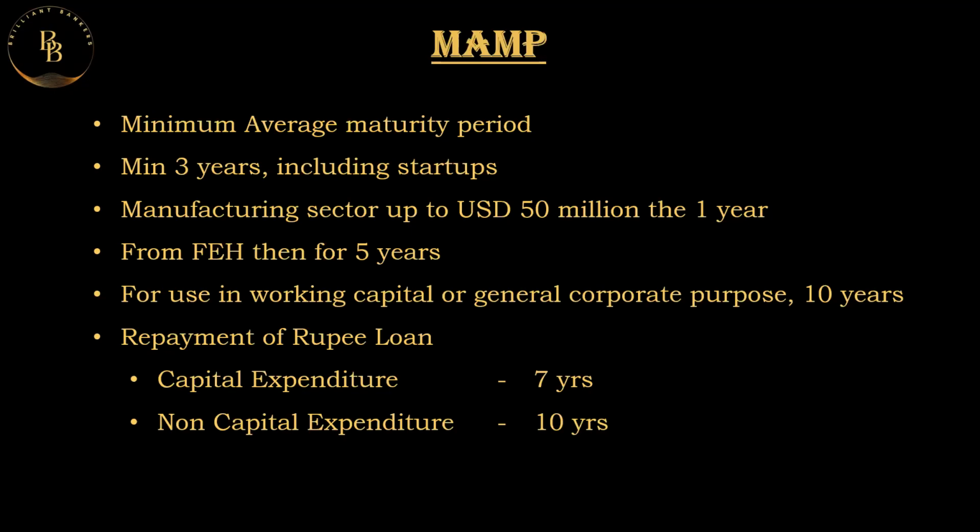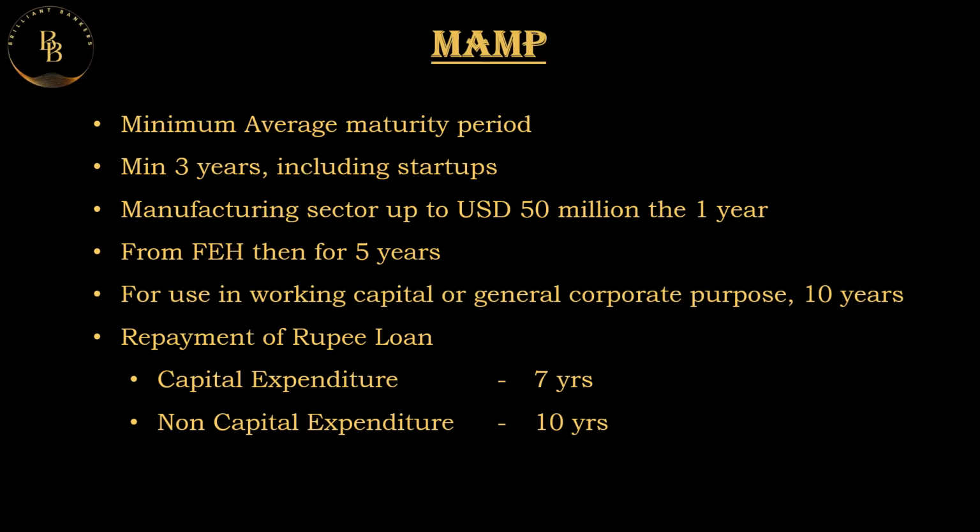Manufacturing sector companies may raise ECBs of up to US $50 million or its equivalent per financial year. In this condition, the MAMP is 1 year.